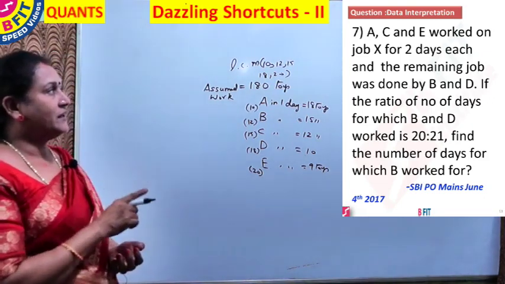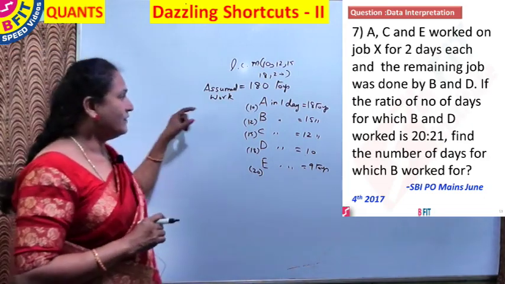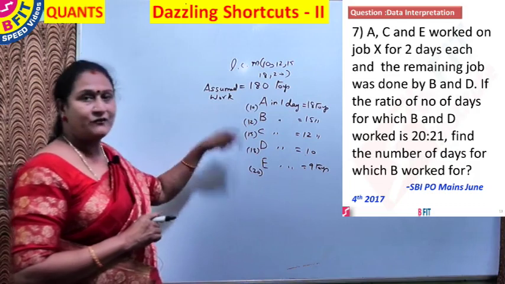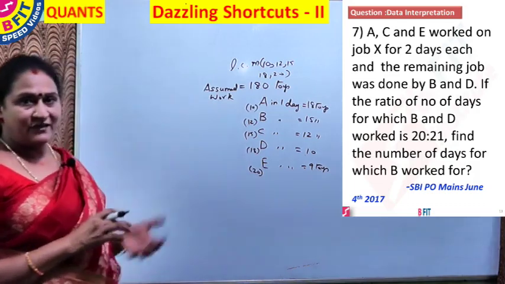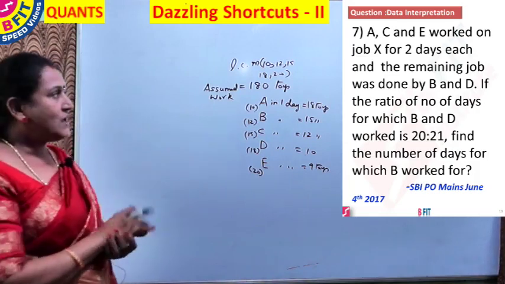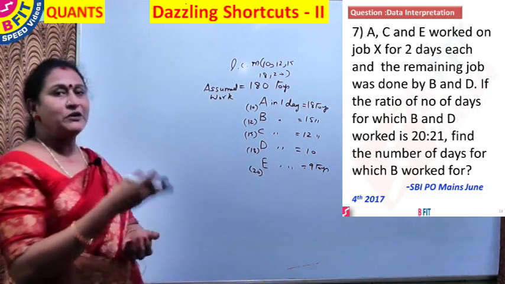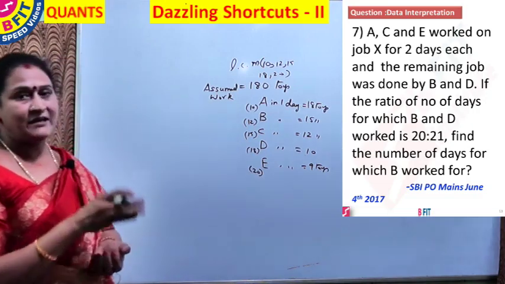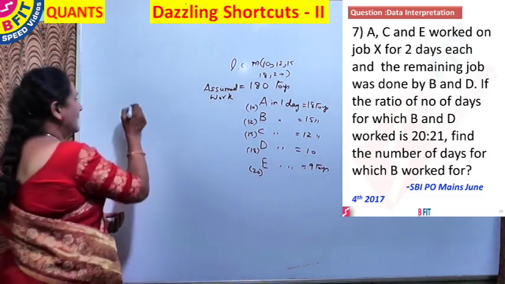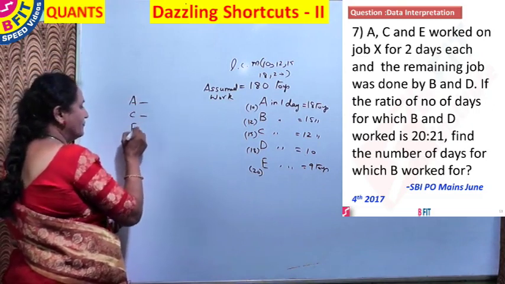A, C and E worked on this job for 2 days. So first I will find the work done by A, C and E for 1 day, and then multiply by 2 to get their 2 days' work.